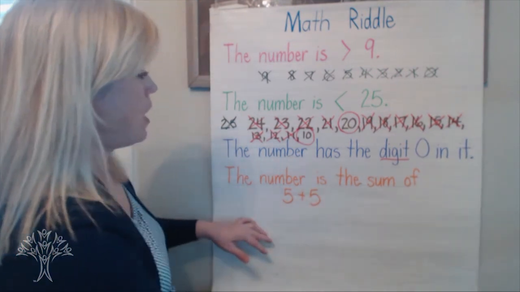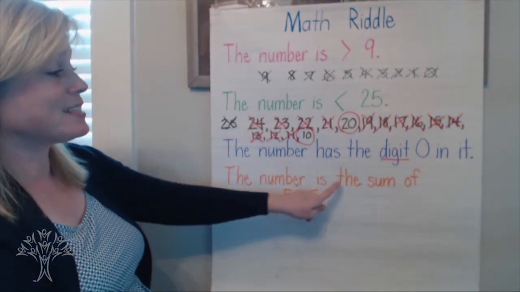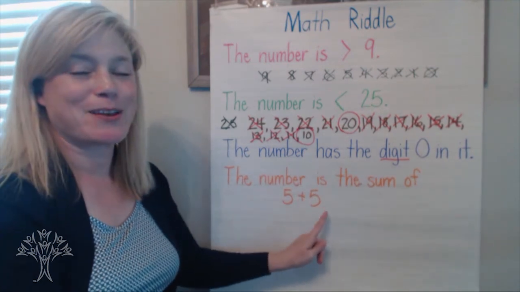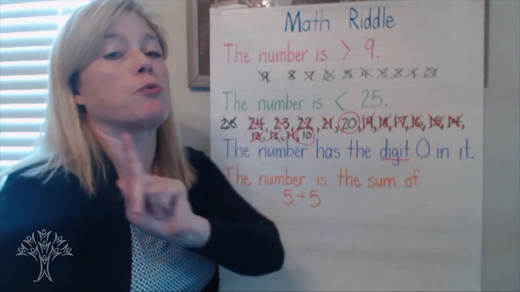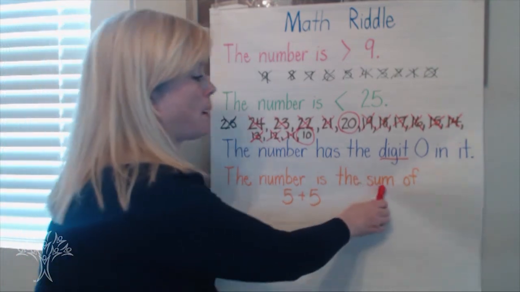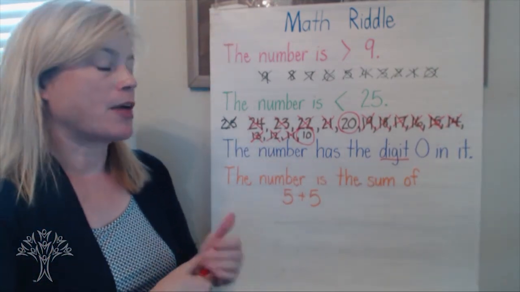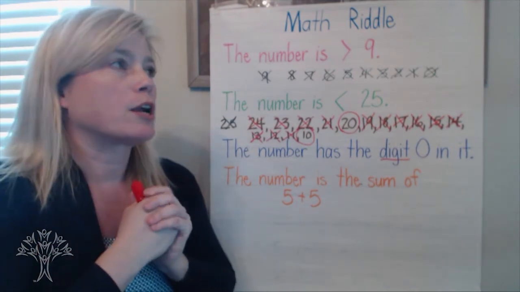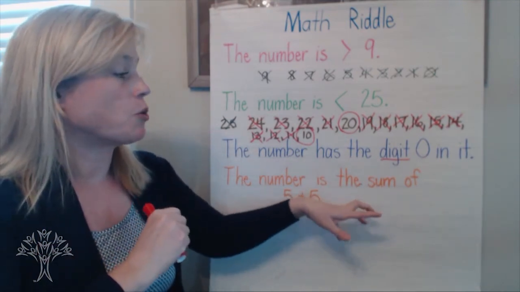Oops, here it is. The number is the sum of 5 plus 5. Okay, so wait a minute. Sum. The sum. That means it's the answer, or another way to think of it is that it's the total amount.